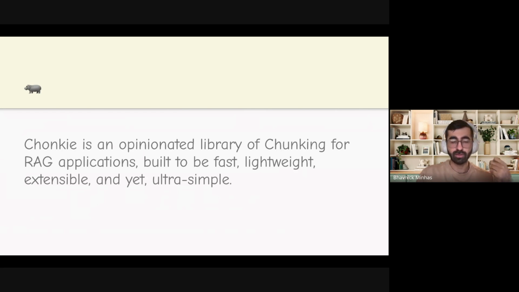Since chunking happens at ingestion time, a lot of people believe it should not necessarily be fast, but that also does not mean it should be made more inefficient. That's one of the reasons a lot of the alternatives were not doing a lot for efficiency, because chunking is applied at ingestion time.